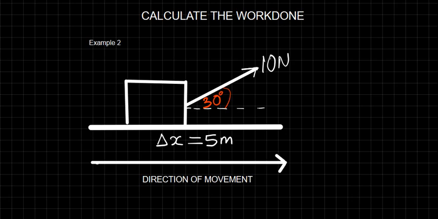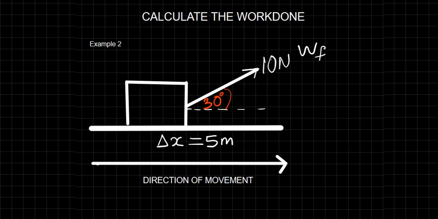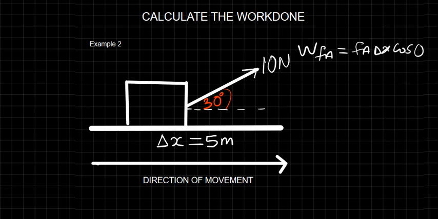So to calculate the work done, we need our formula. The work done by the applied force is equal to the force times the displacement times the cos of theta. The applied force is 10 newtons and the displacement is 5, multiplied by the cos of the angle between the force and the displacement.